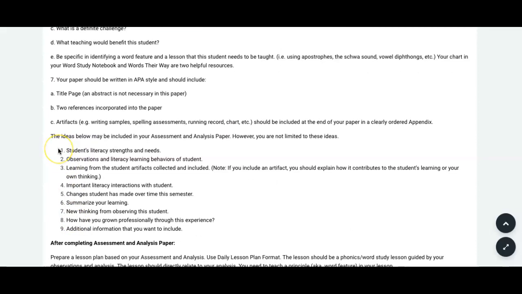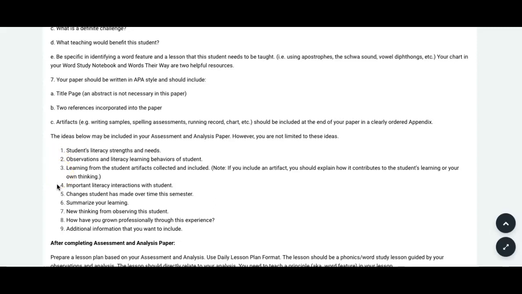What are the students' literacy strengths and needs as it relates to phonics and word study? Observations and literacy learning behaviors of the student. Learning from the student artifacts that were collected and included.